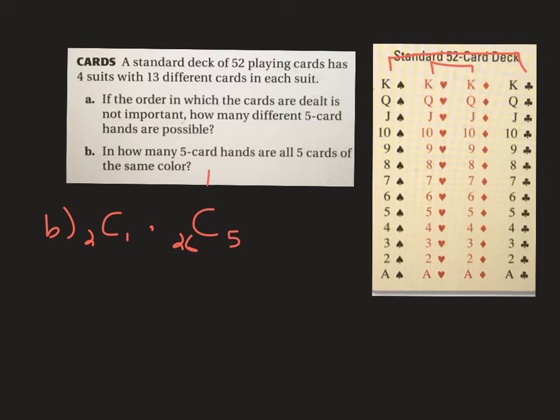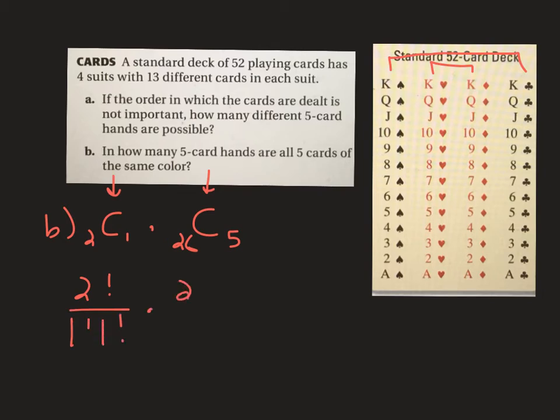So this represents all the combinations of 5 cards from the same color, and this represents all the ways that you can get the 2 colors. As you work that out, the first one is just going to be 2 factorial over 1, 1. Guys, that's just 2, by the way.